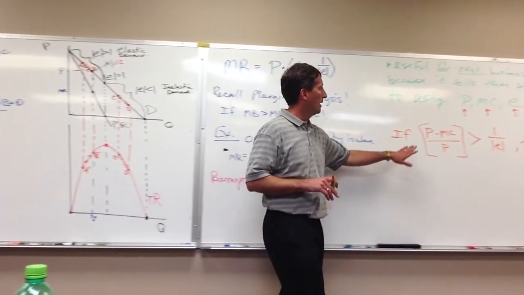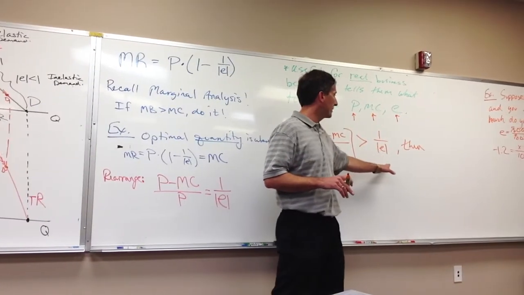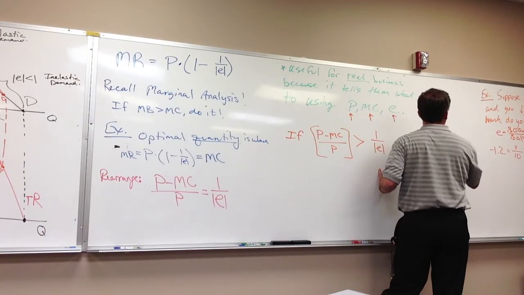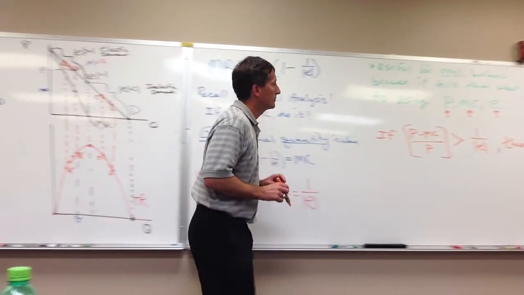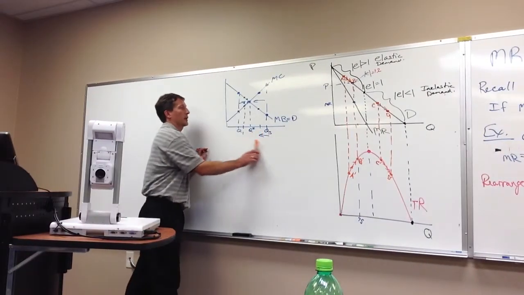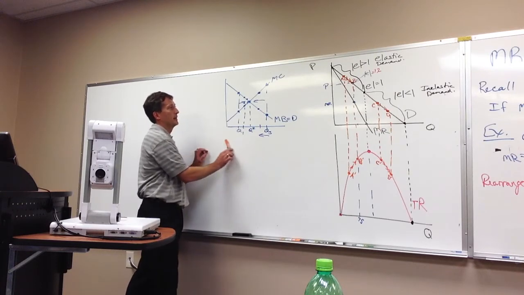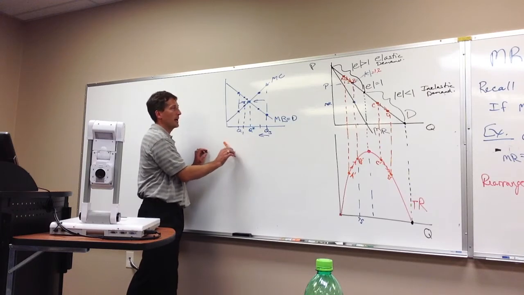So if we've got this, then marginal revenue is greater than marginal cost. So back to this graph, should we be increasing or decreasing where we're at?